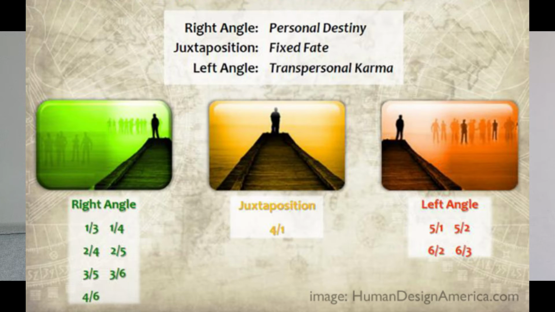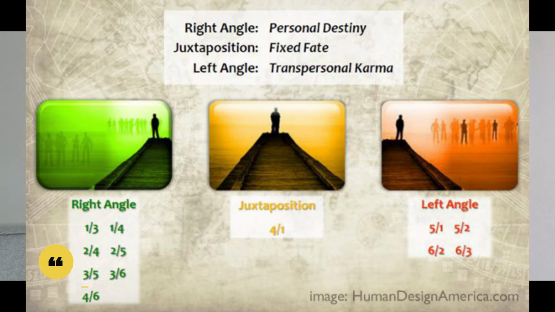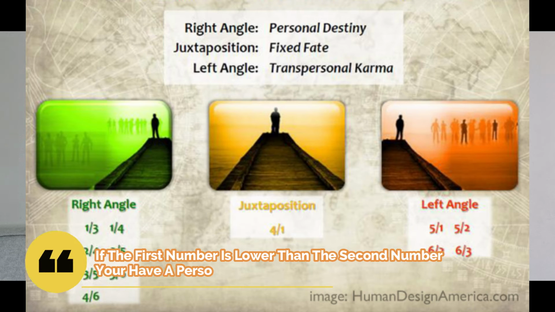What you'll notice is that if the first number is lower than the second number, then you will have a personal destiny, like all the profiles that you see here. If the first number is higher than the second number, then you will have this fixed fate or transpersonal destiny that you can see here.